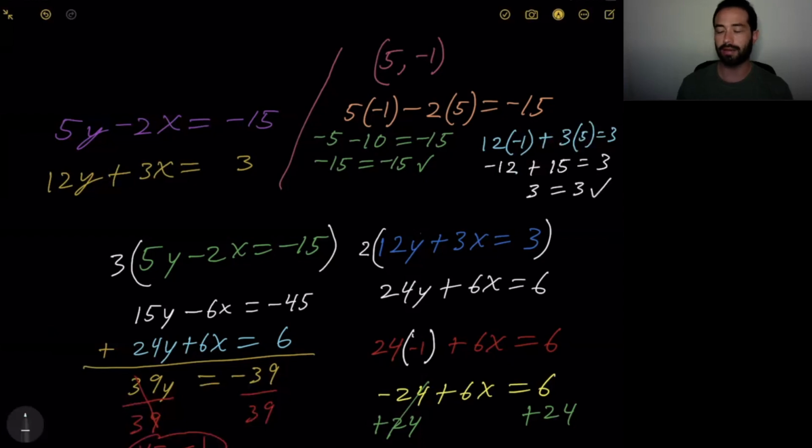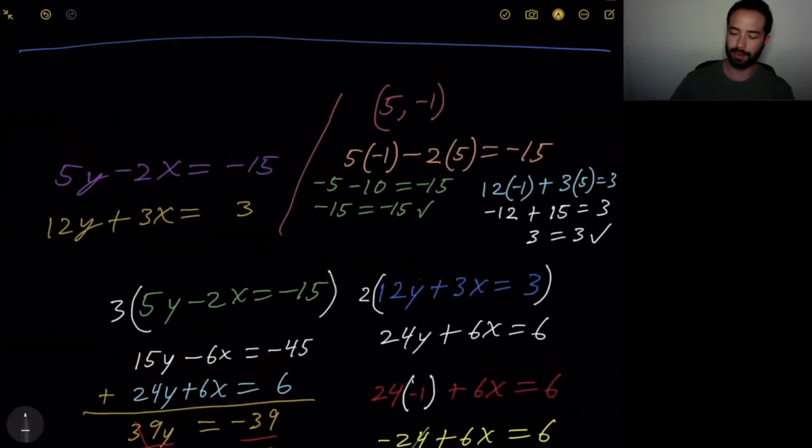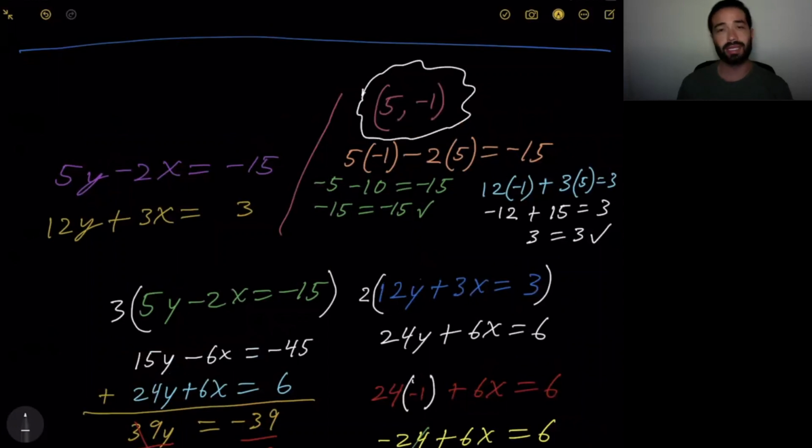So that checks out. Another way to think about that is -12 plus 15 is the same as 15 minus 12, and that would be 3. Okay, so as you can see, the star of the show here, 5, -1, is correct.